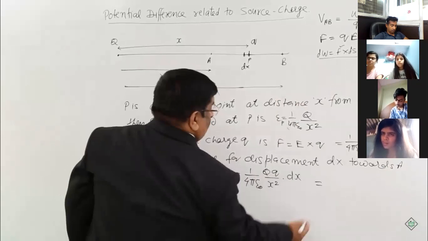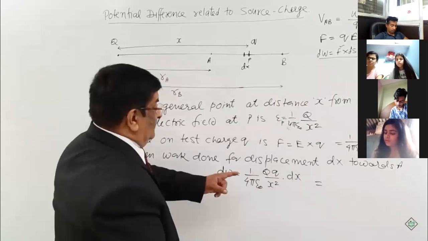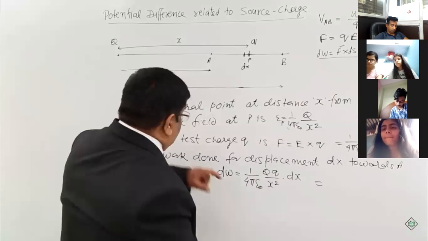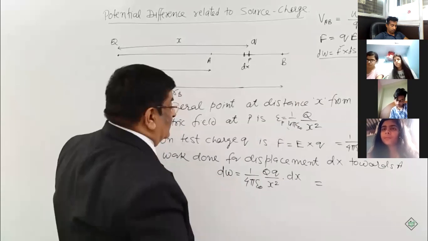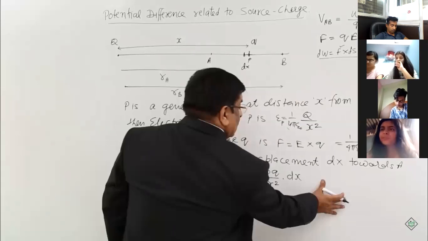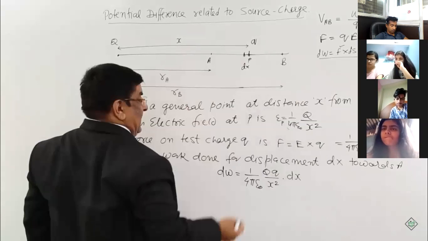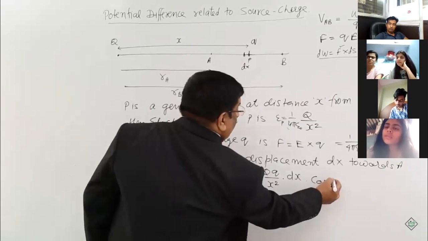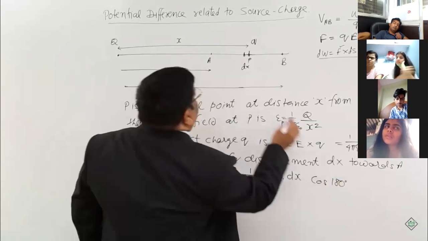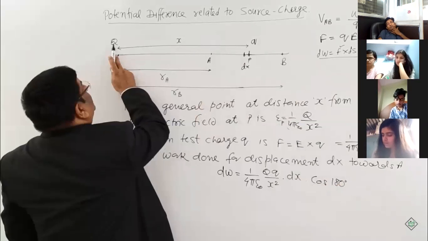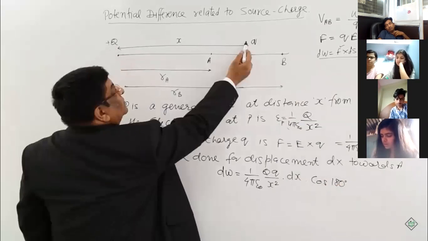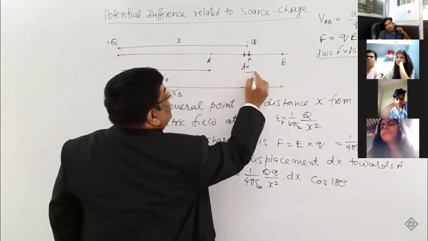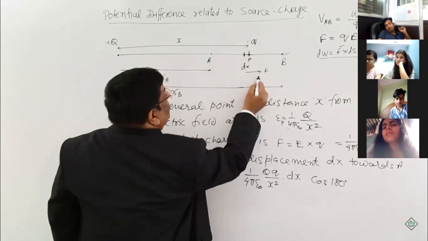This is dW, work done for such a small distance dx, into cos 180, because this force due to plus Q on plus q is in this direction, and I am doing dx displacement in this direction.